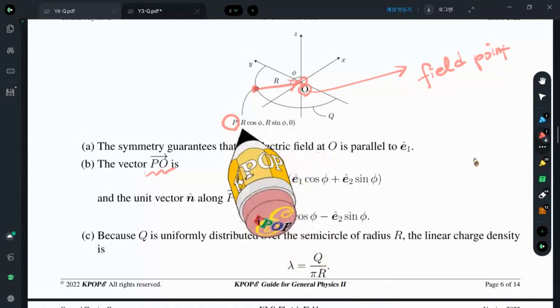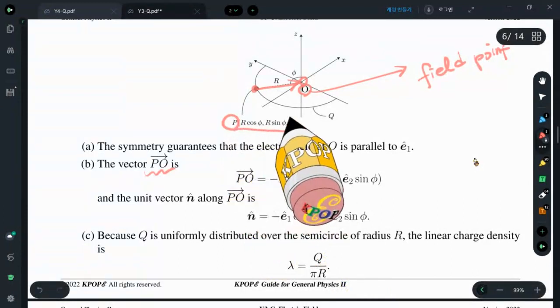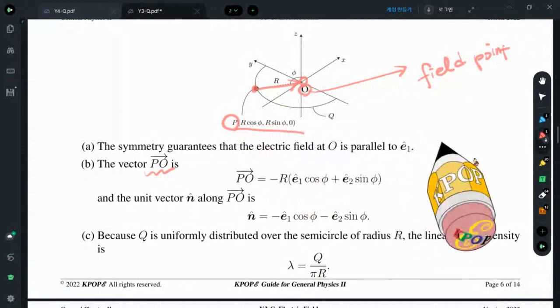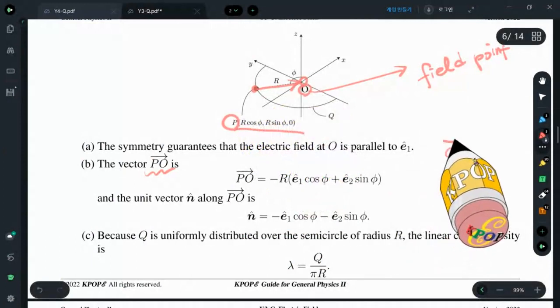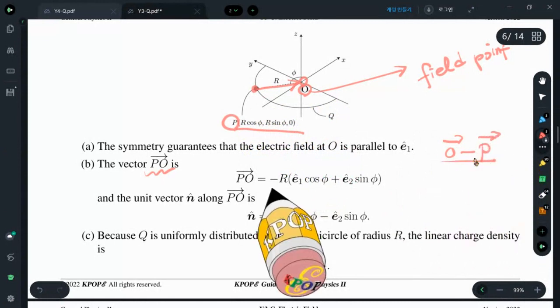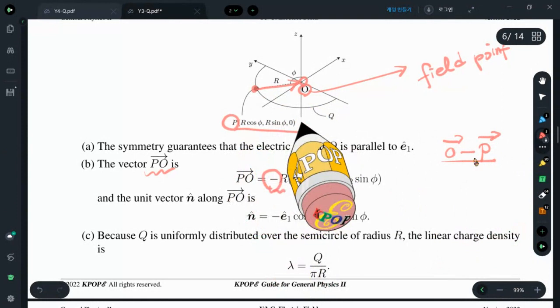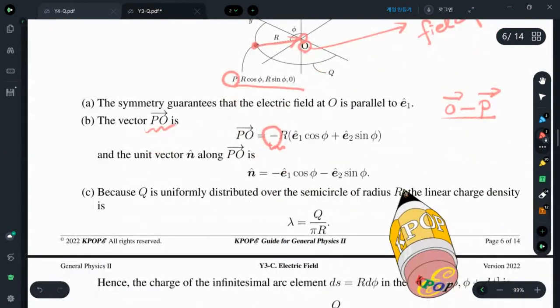Because the position vector of P is this, PO is the O coordinate subtracted by the P coordinate, so this is nothing but the negative of this coordinate.